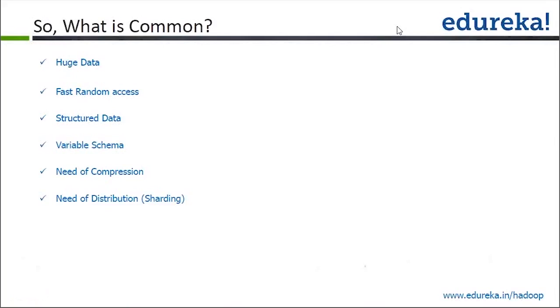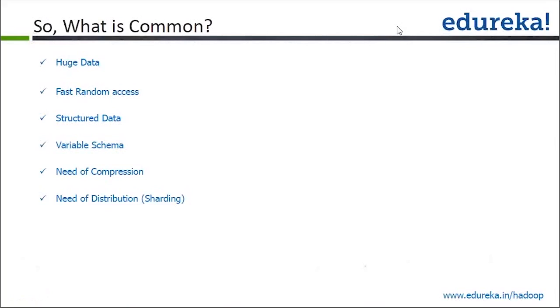So whenever you want to scale, you have the flexibility: you add more machines, you can store more data, and you get better performance. To meet all these needs, NoSQL provides solutions to some of the problems listed here.